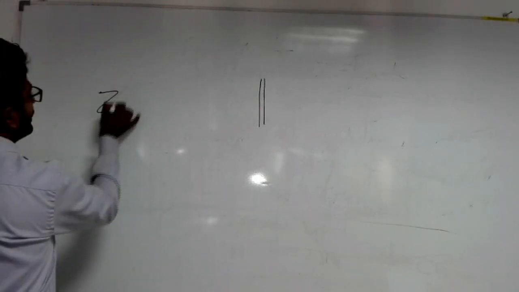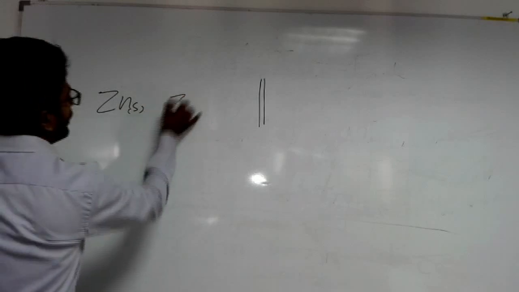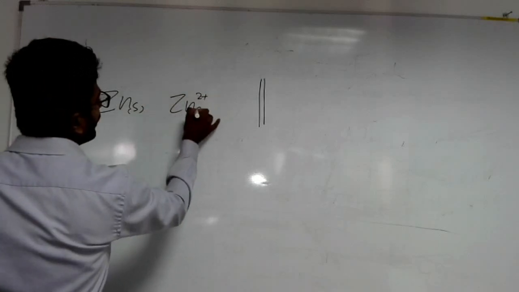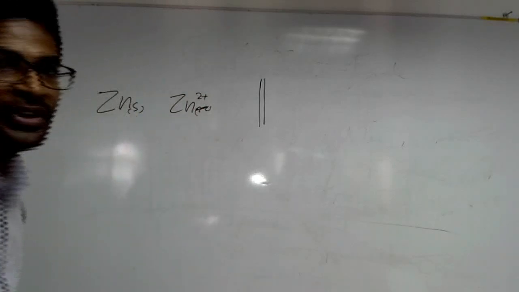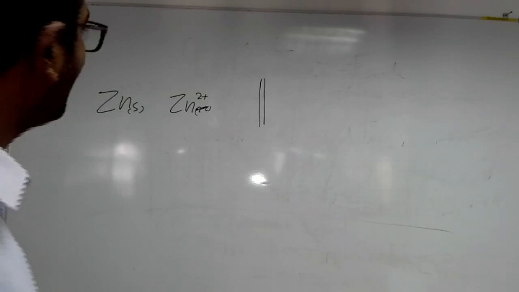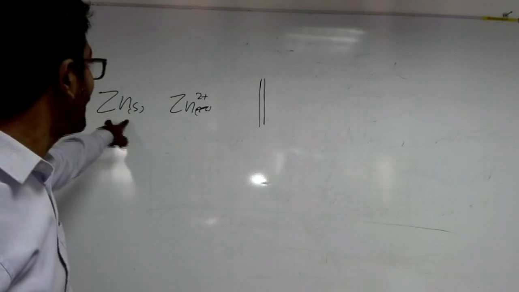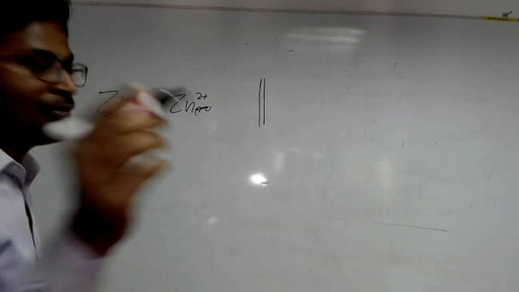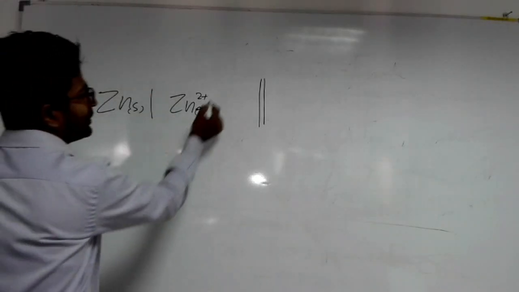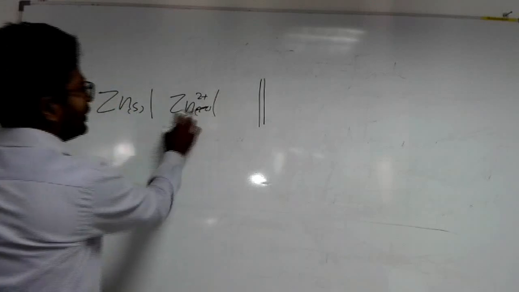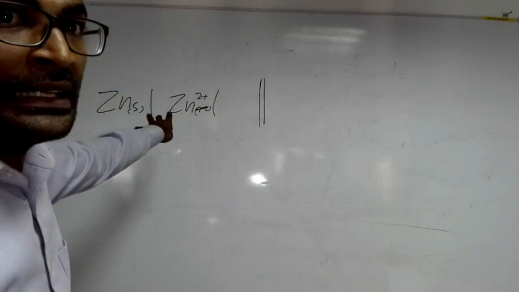You also have to mention all the physical states, and separate the different phases, here solid phase and liquid phase, by one vertical line like this. You also have to mention the concentration of the solutions.